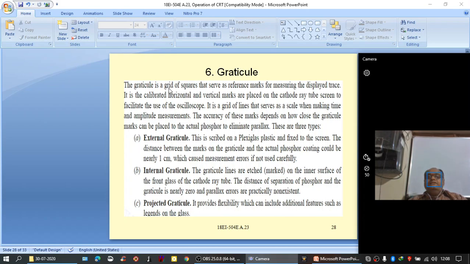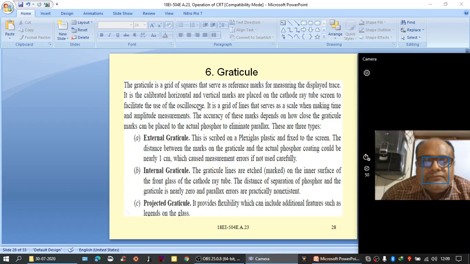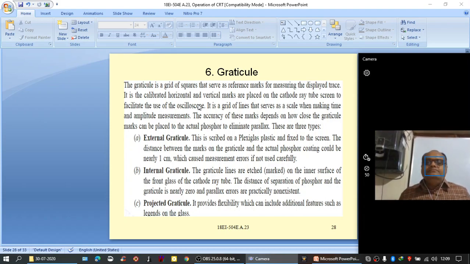This graticule is a grid of squares that serves as a reference for measuring the displayed trace. It is the calibrated horizontal and vertical marks placed on the cathode ray tube screen to facilitate the use of the oscilloscope.